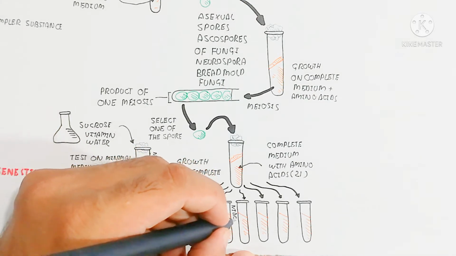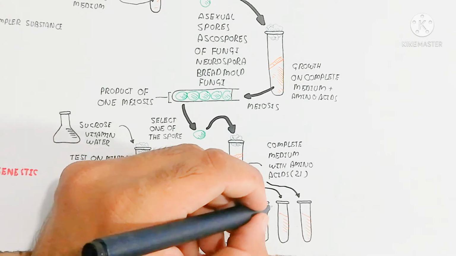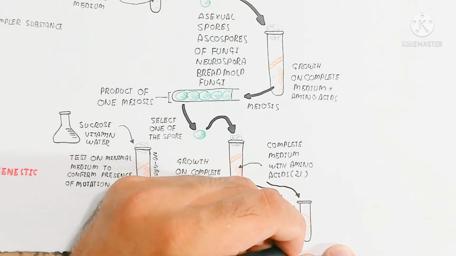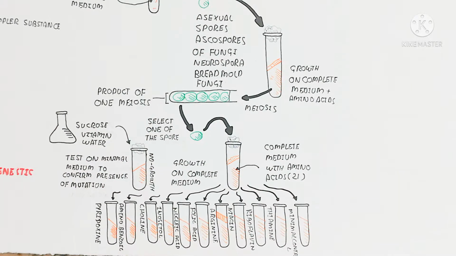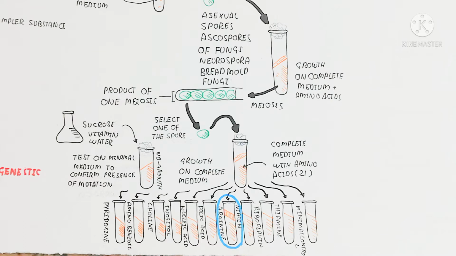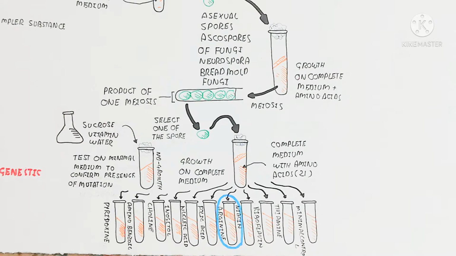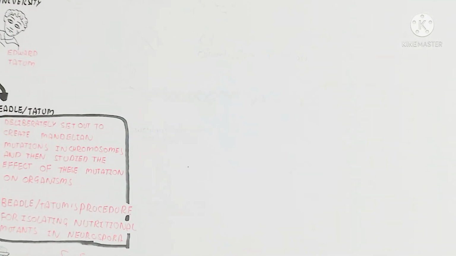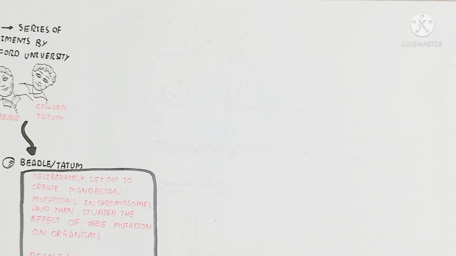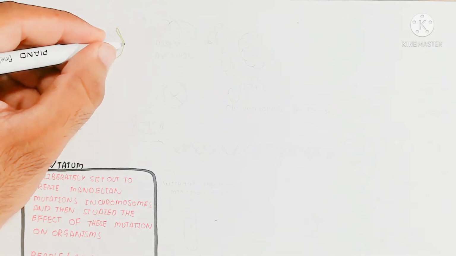So that means the arginine-containing minimal medium is growing, but the other media are not growing. Why? Because arginine is required for growth, but the arginine is not produced by the Neurospora. Why? Due to the mutation of the gene. So the gene is controlling the production of arginine.